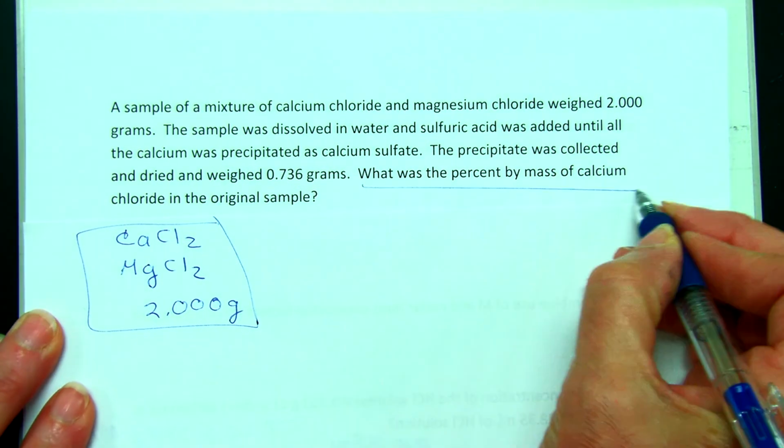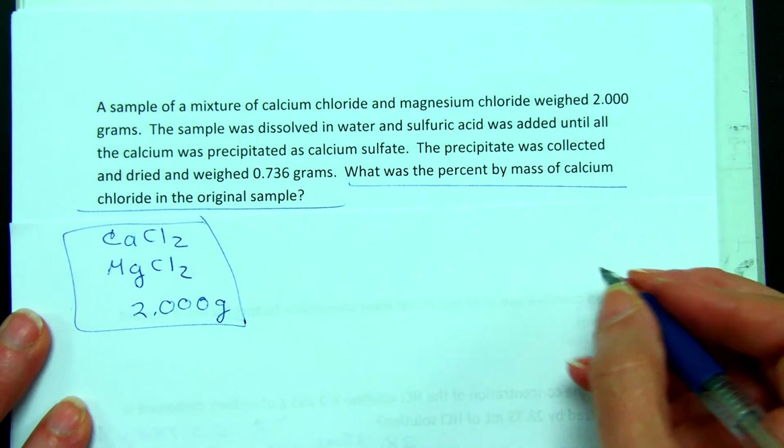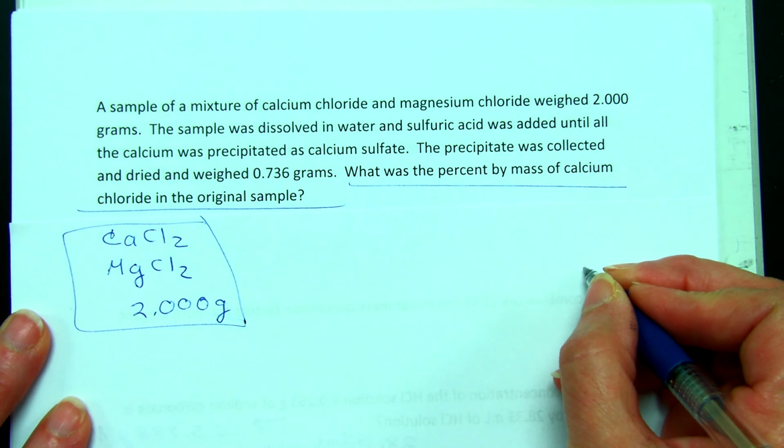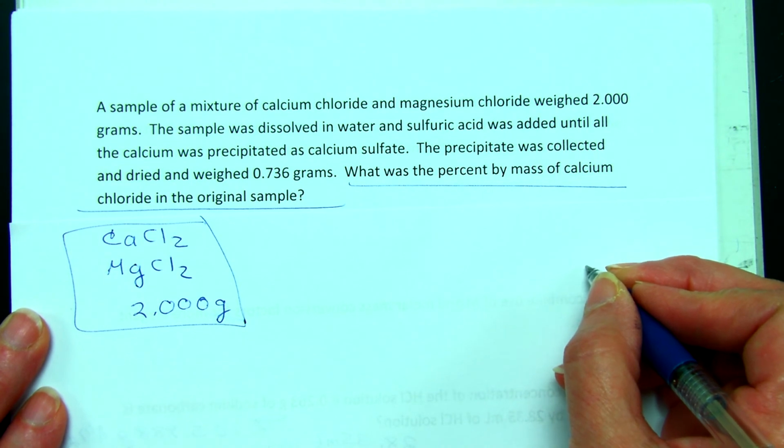What do we want? We want percent of calcium chloride. How do we calculate percent? How do we find the percent of calcium chloride in a sample mixture? The part divided by the whole times 100.